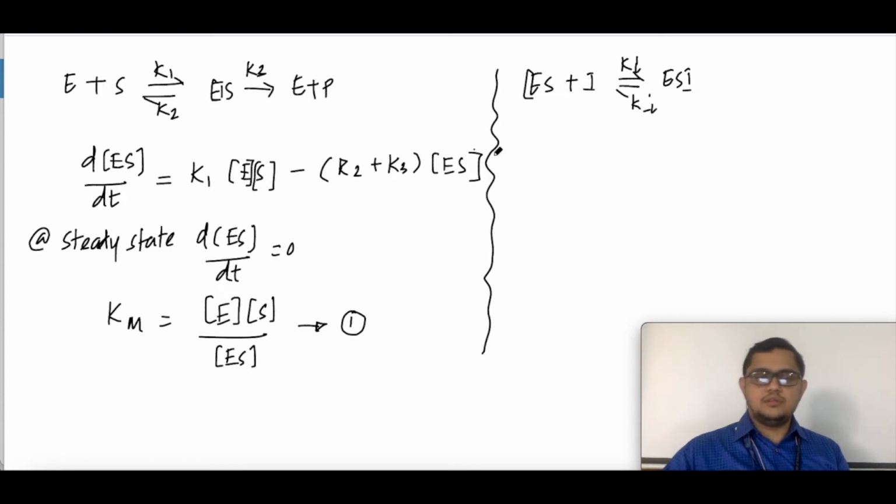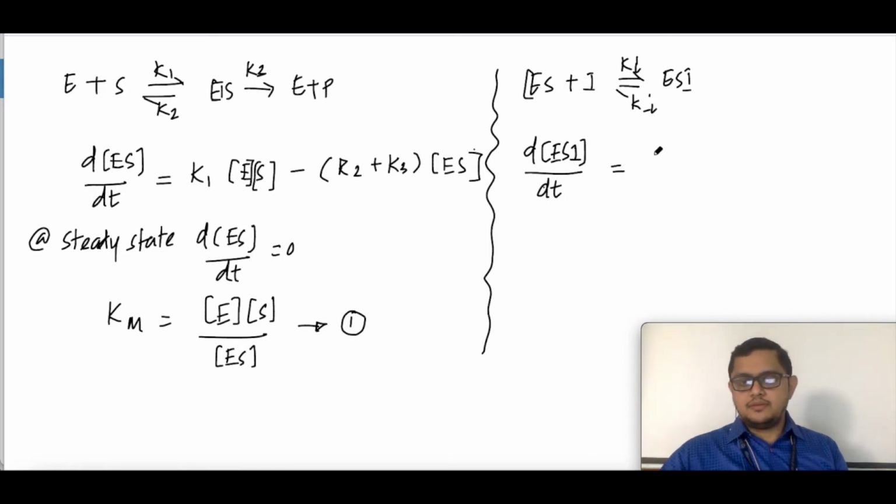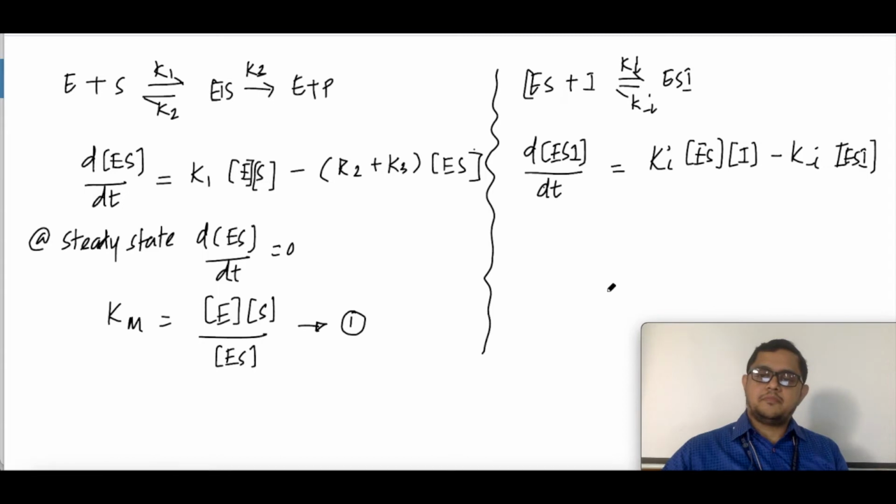If I do a similar experiment to this, we calculate dESI by dt, because again ESI is an intermediate.